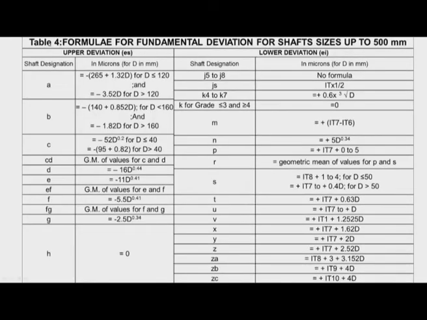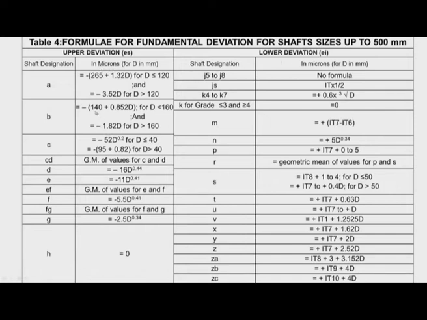Now this table 4 gives the formulae for fundamental deviation for shafts, for shaft sizes up to 500 millimeter. Depending upon the shaft designation, whether we are using A shaft, B shaft, C shaft, etc., we can find what the upper deviation and the lower deviation are, in micrometers.